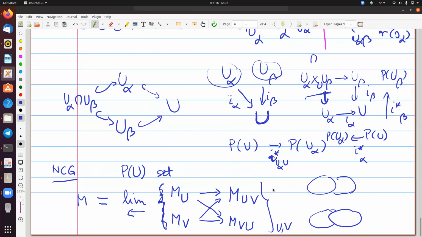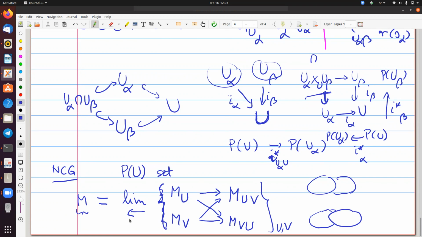That means, and this is an example of generalized descent, that all these are now objects in a category. Here I have a set and a set of elements, and here I will have a category of all such M's.